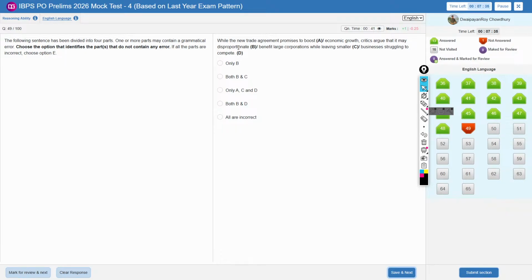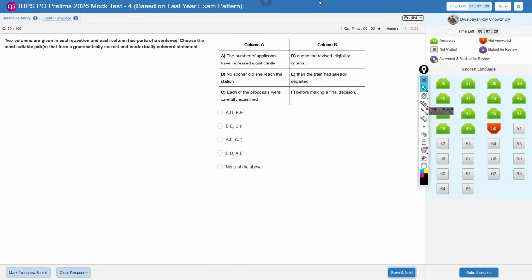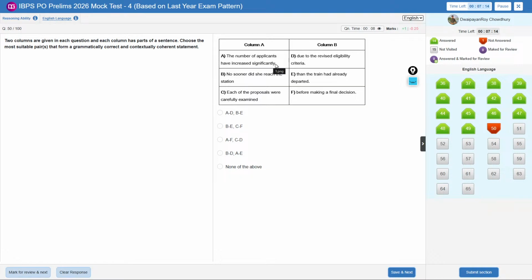So D has an error. A does not seem to have one. The number of applicants have increased significantly due to the revised eligibility criteria. So A, D. No sooner had she than the train already. Then the train had already. Okay.